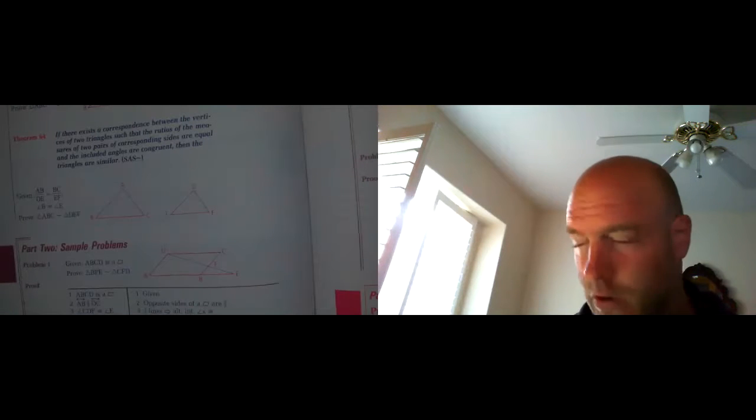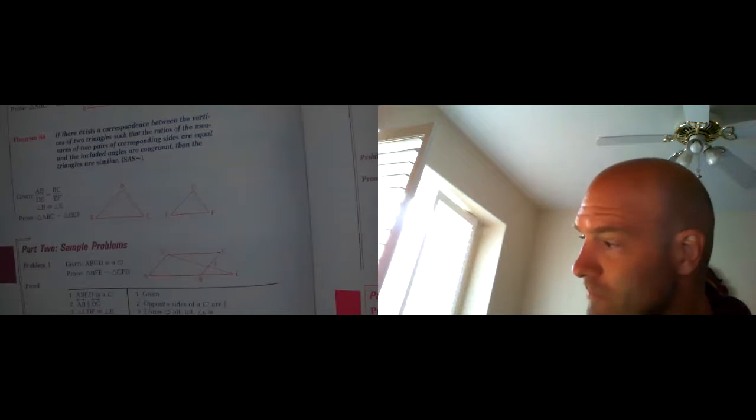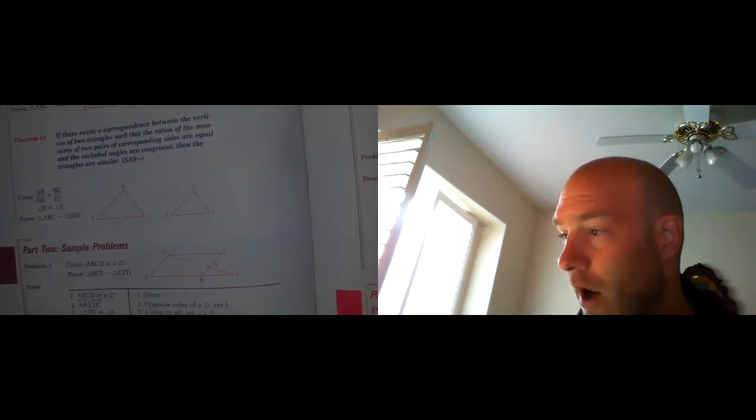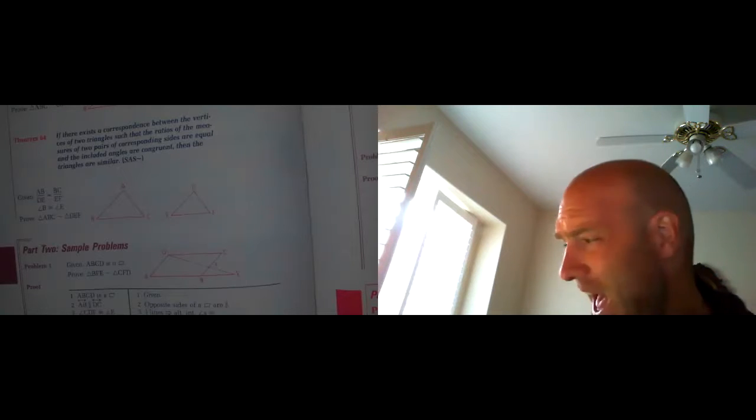And the third one, the SSS one, says that if three sides of a triangle are proportional to the corresponding sides of a second triangle, then the triangles are similar. There is no AAS like there is in proving triangles congruent, because if you already had AA, you would be there.